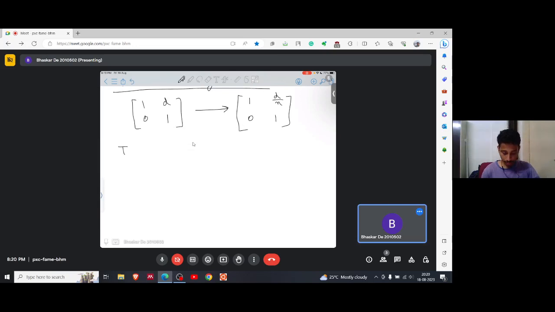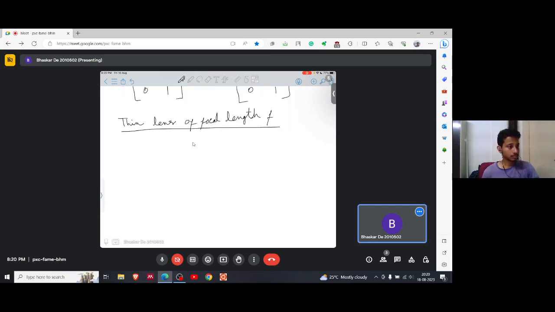Now in case of a thin lens of focal length F, when you talk about a thin lens, what do we mean?